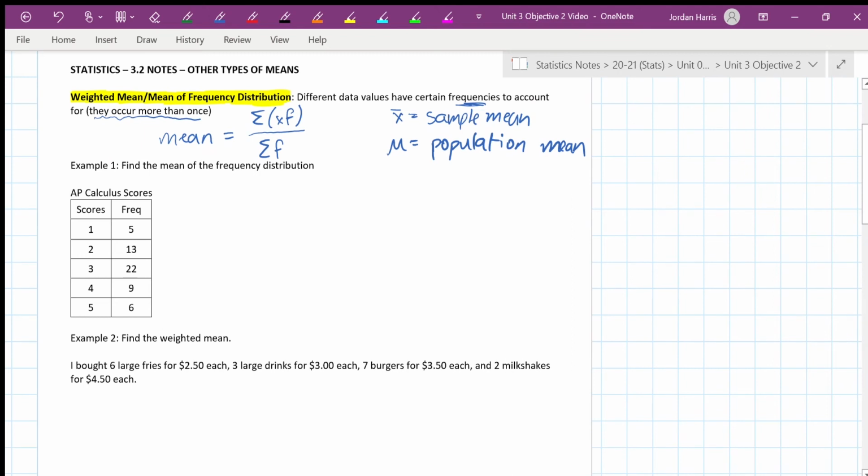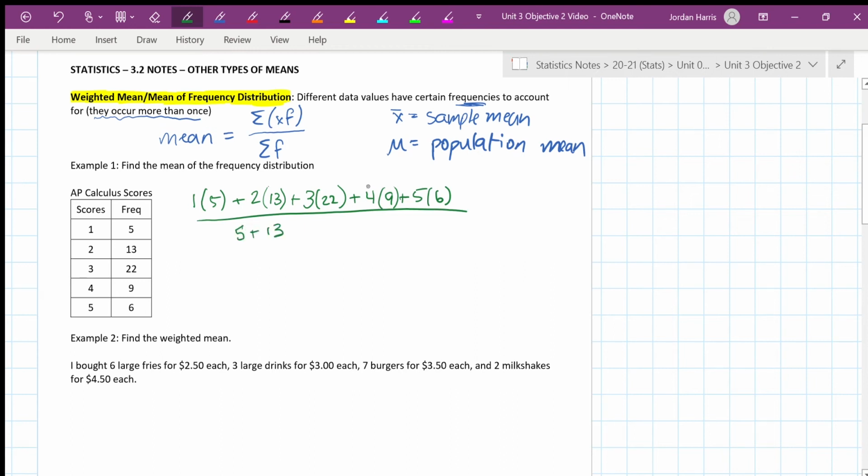So, let me look at AP scores. Find the weighted mean. Okay, so we have 5 AP scores with each one's relative frequency. So we start off by multiplying the score times its frequency on the top. And then on the bottom, we add up all the frequencies. Right?